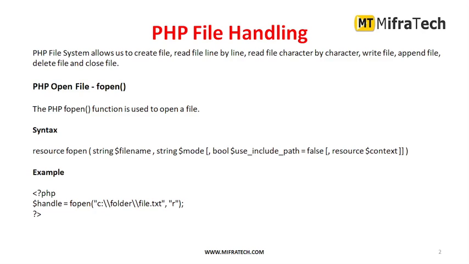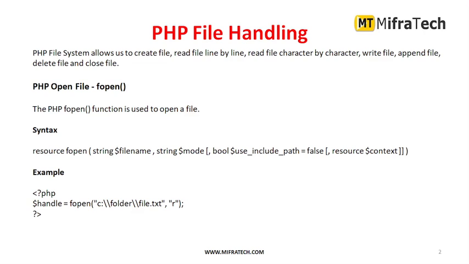PHP file handling. The PHP file system allows us to create a file, read a file line by line, read a file character by character, write a file, append a file, delete a file, and close a file. PHP open file, fopen. This function is used to open a file.